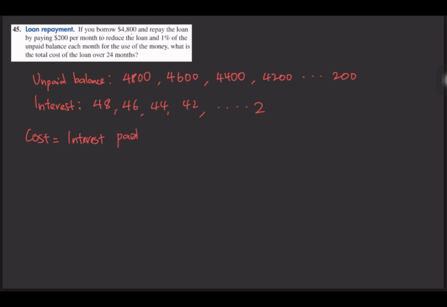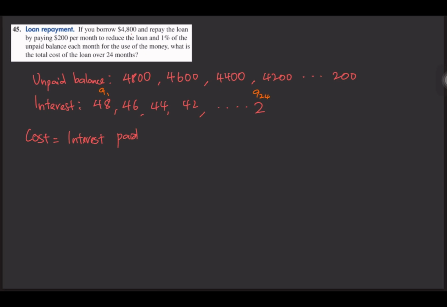What is the total cost of the loan over 24 months? Now that we know that, of course, we are going to pay over 24 months. So this is our first term. Our first payment is 48. Our last payment at the 24th month is $2.